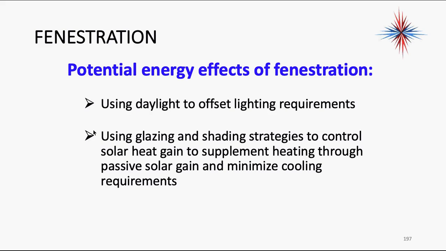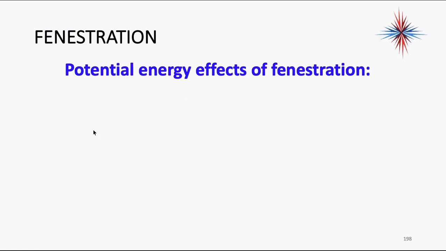If we use the proper glazing, in other words, the energy reflective films on the outside of the windows, and if we use awnings, heavy drapes, or shades, we can control solar heat gain, to allow it in during the heating season and to keep it out in the cooling season. A lot of the new energy efficient windows do exactly this. By using those strategies, I can make a big difference with heating and cooling.